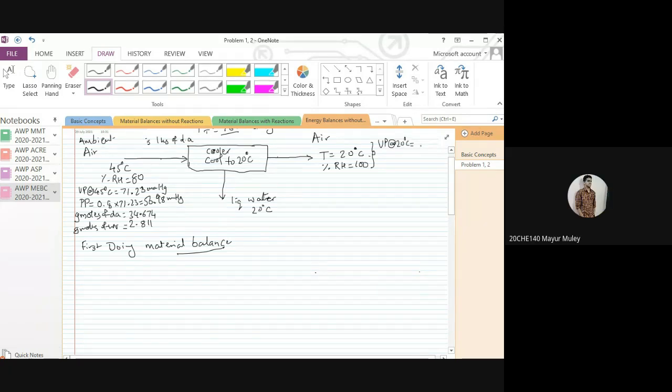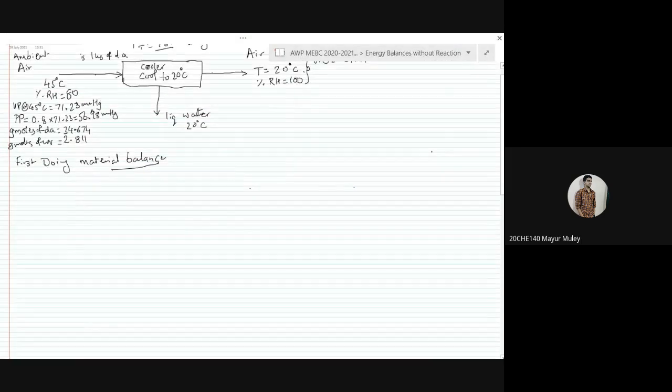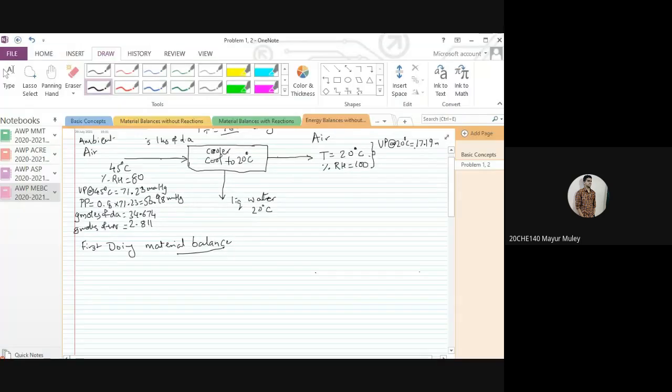That is 17.1895. Just try to round off, don't fear rounding off. So 17.19. And sir, partial pressure would be the same as the vapor pressure as we are condensing out. So partial pressure would be 17.19 mmHg.